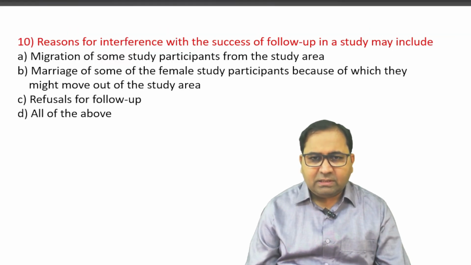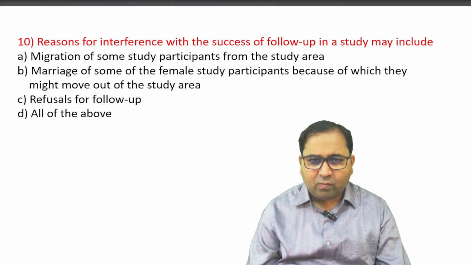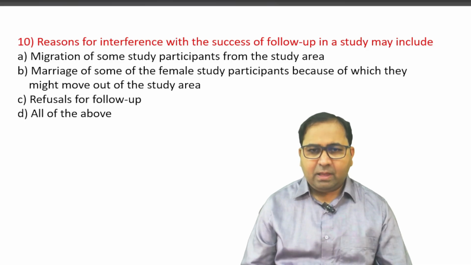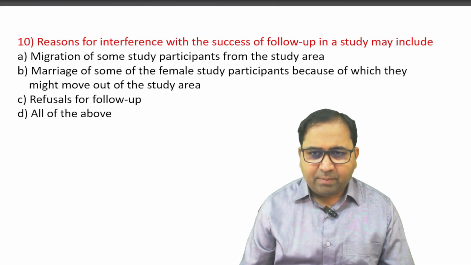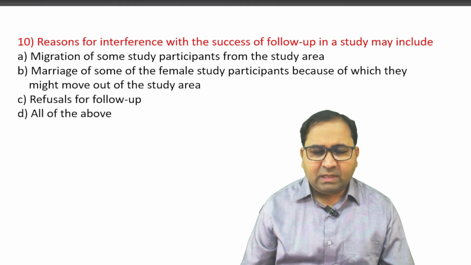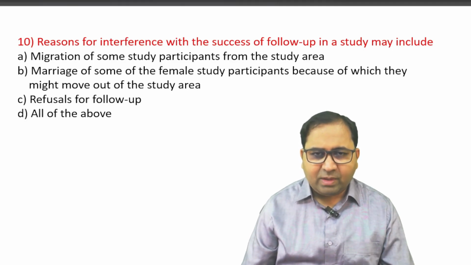Next question. Reasons for interference with the success of follow-up in a study may include what? Options are A. Migration of some study participants from the study area, or B. Marriage of some of the female study participants because of which they might move out of the study area, or C. Refusal for follow-up, or D. All of the above.